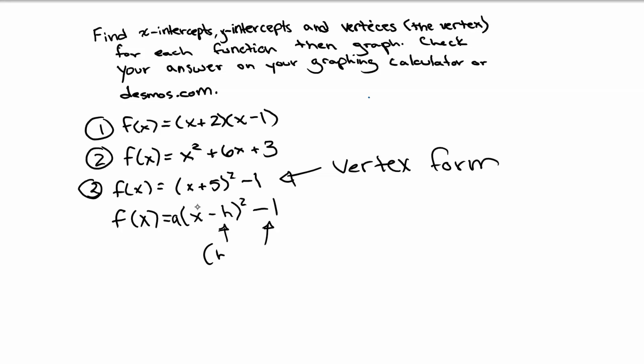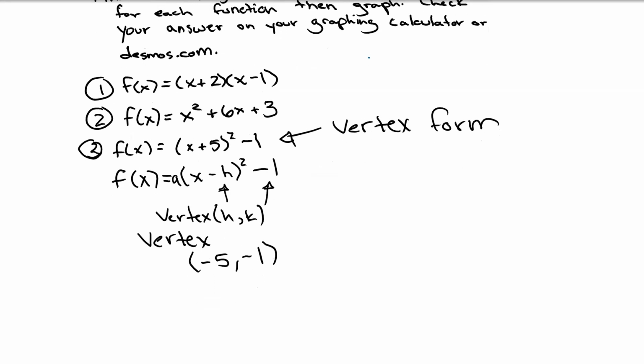So our vertex is h, comma k. So the opposite of h in our equation up there is -5, and the -1 is our k. So we found our vertex.